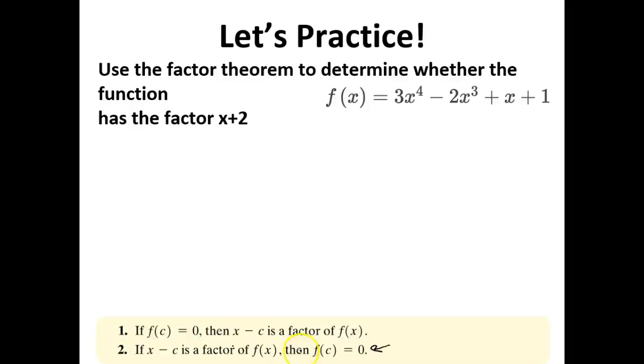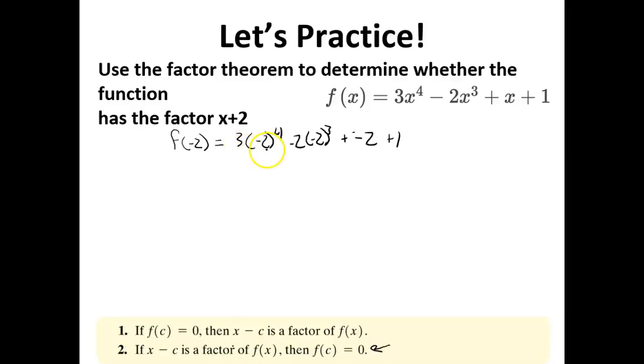So if it's a factor, then when we put c in, or that number, so the number is what makes this part 0. If I put negative 2 in, because that makes that 0, and it's equal to 0, then it's a factor. So if I actually do that, 3 times negative 2 to the fourth minus 2 times negative 2 to the third plus a negative 2 plus 1.